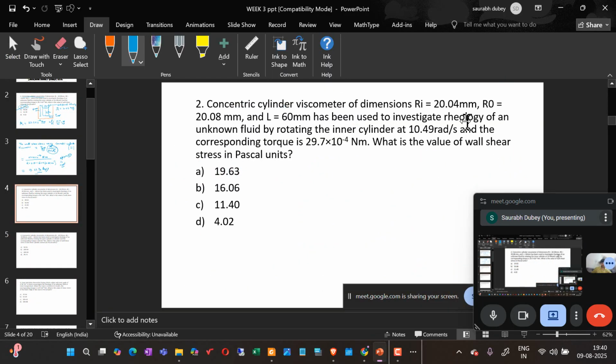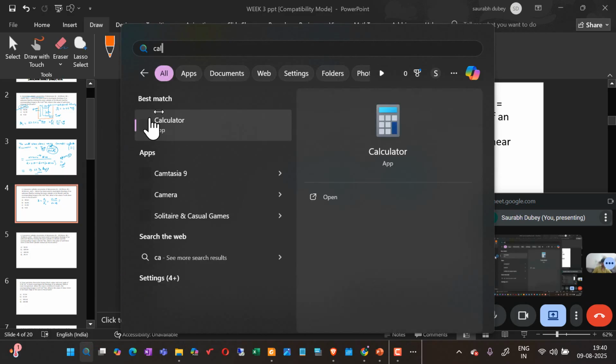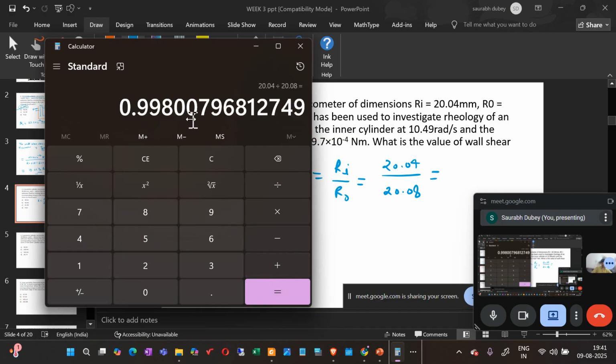If you see this, the value k, which is R_i divided by R_0, and once you solve 20.04 divided by 20.08, you will be getting a number which is 0.998.